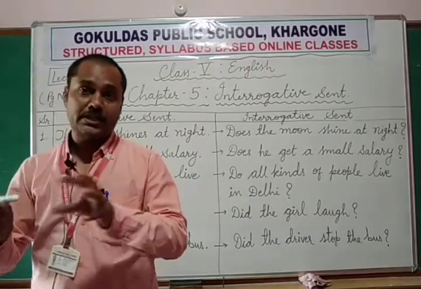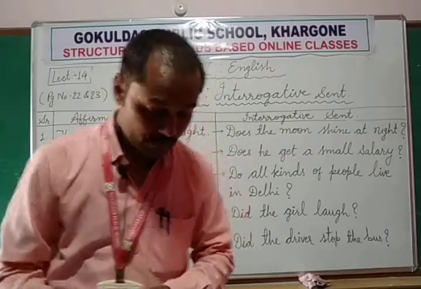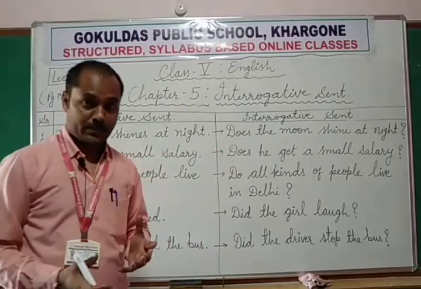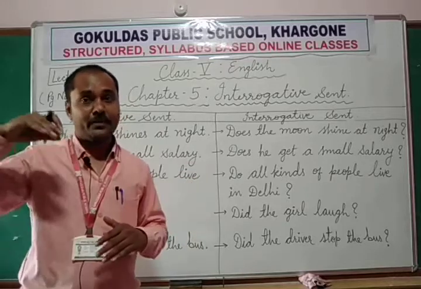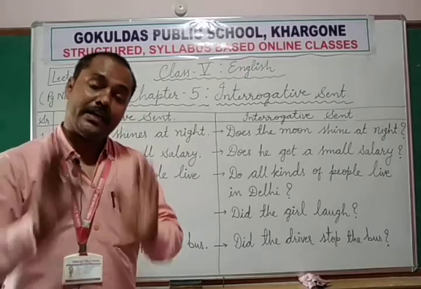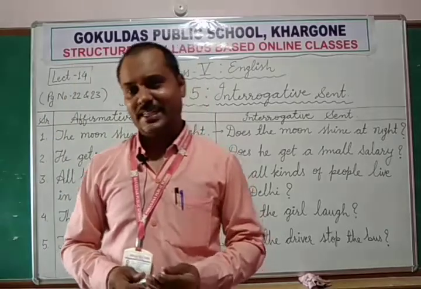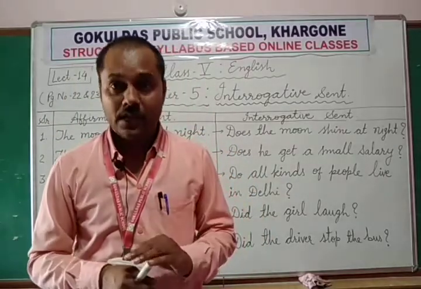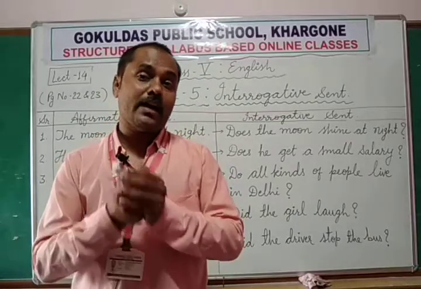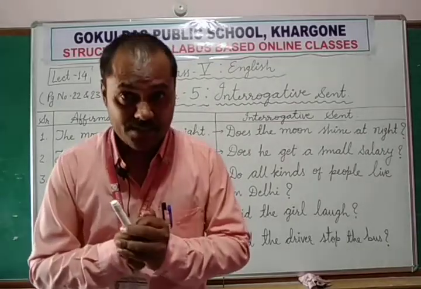The moon generally shines at night. Now I want to ask a question, but these sentences are different from table A, because in table A there were only simple sentences which can simply be changed into interrogative. These types of sentences are based on tense.